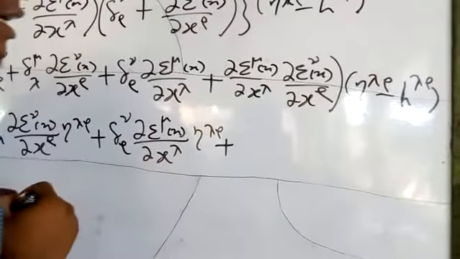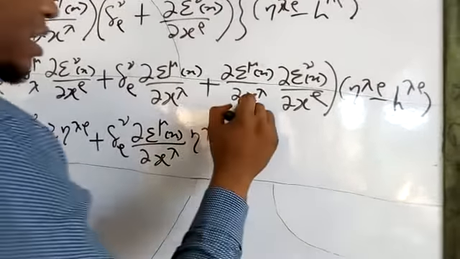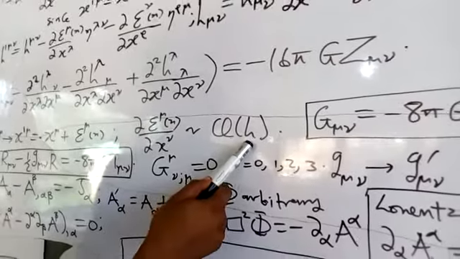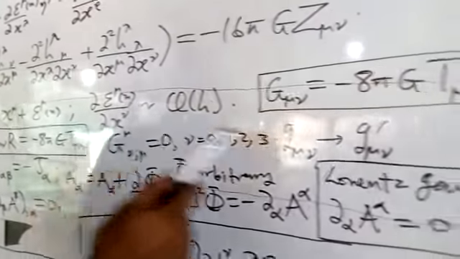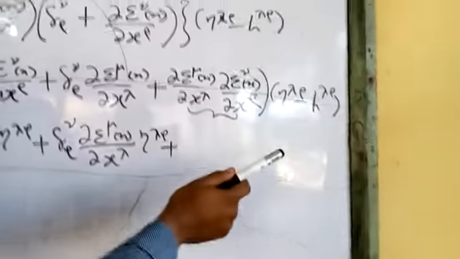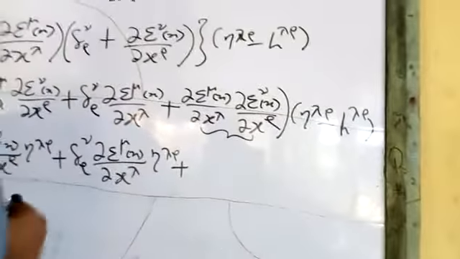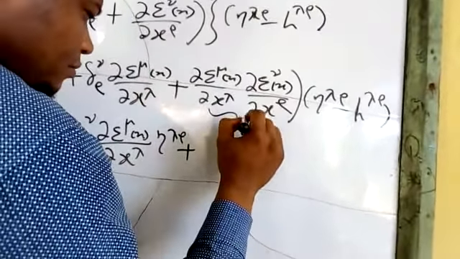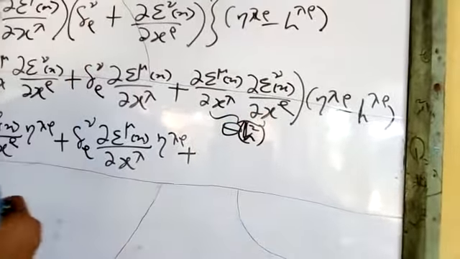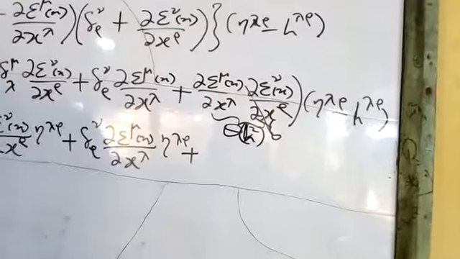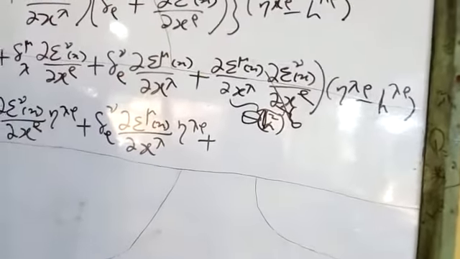Okay, I think I shouldn't waste my time doing this. I've stated here from the beginning that the derivative of this with respect to x^ν is of order h. Now I have that occurring twice. So this is of order h squared, and of course, you know from our last presentation that should be 0. So I'm not going to bother myself with that.